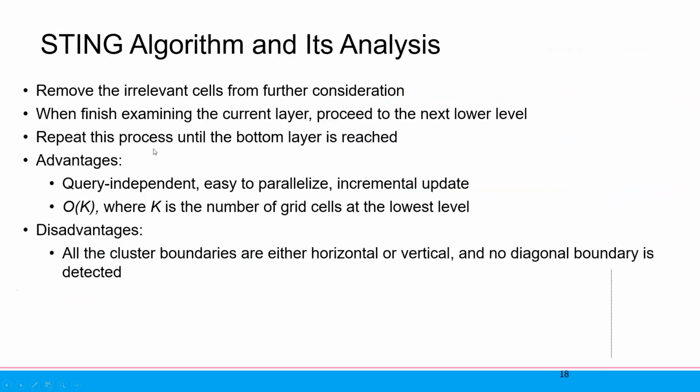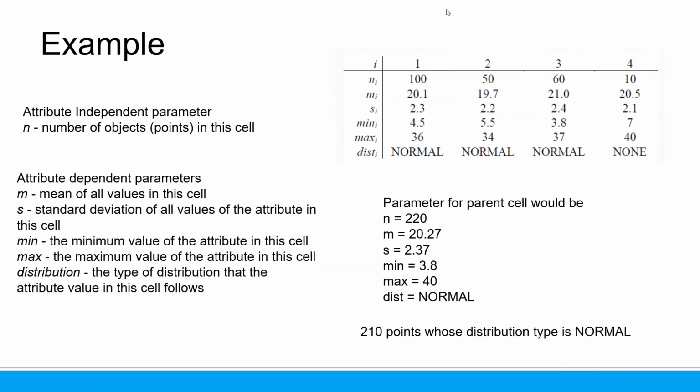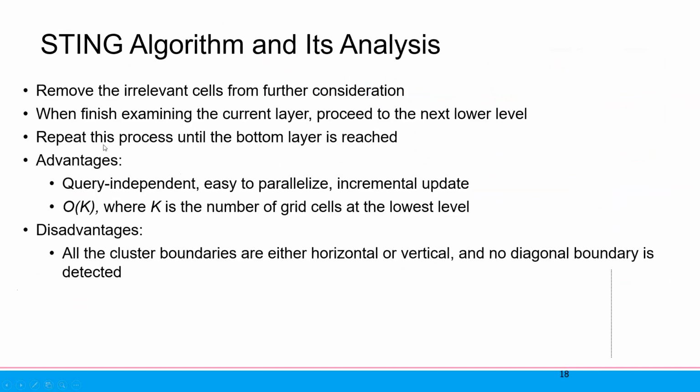When we do the testing algorithm, we need to remove the irrelevant cells from further consideration. For example, if you think this cell is not relevant, then you can remove it. When finished examining the current layer, you can proceed to the next lower level.